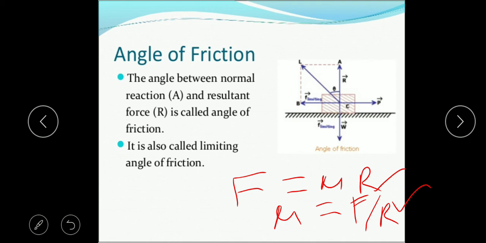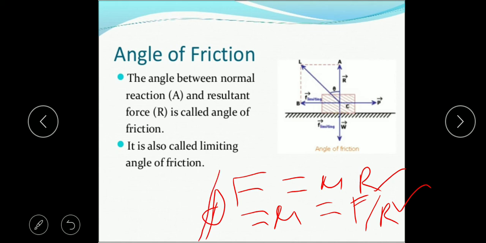And the angle of friction is related to the coefficient of friction. We can say the angle of friction is indicated by the phi value, phi like this. So phi will be equal to the coefficient of friction.